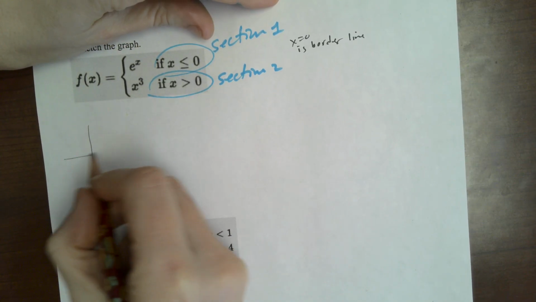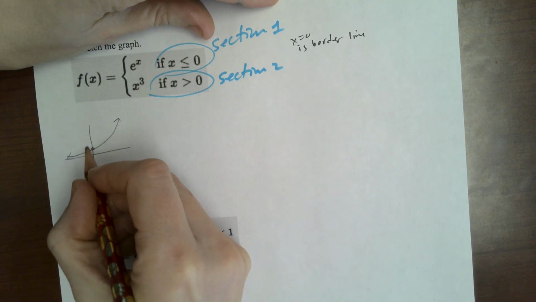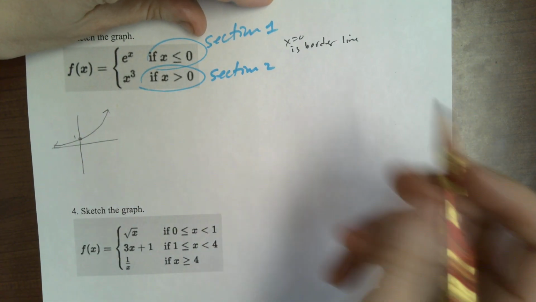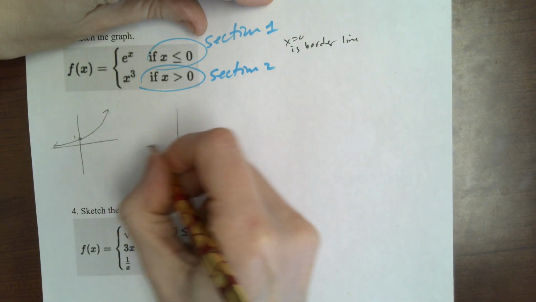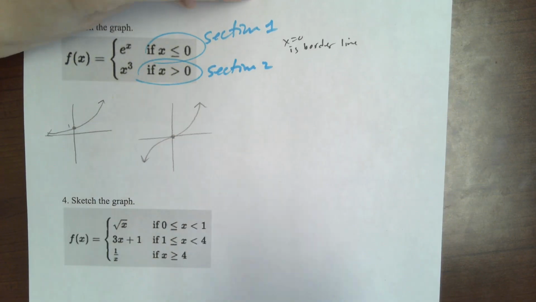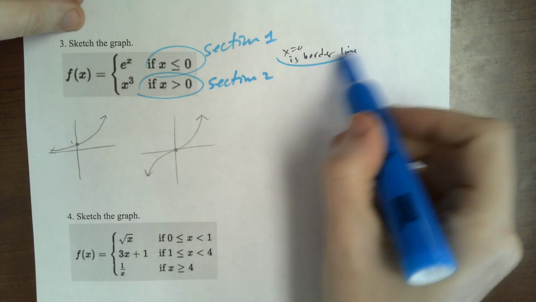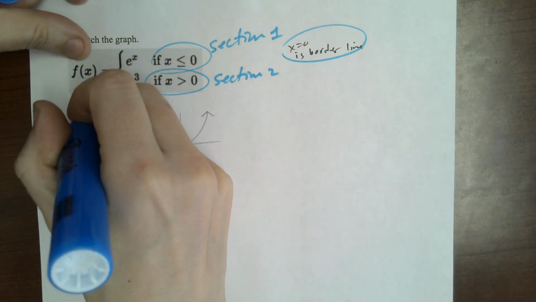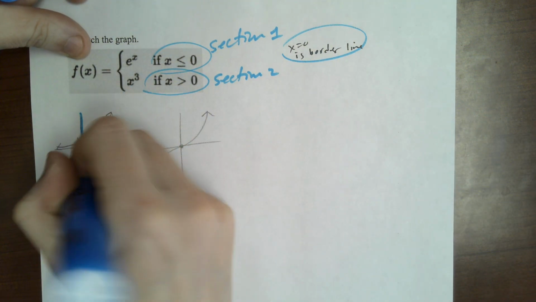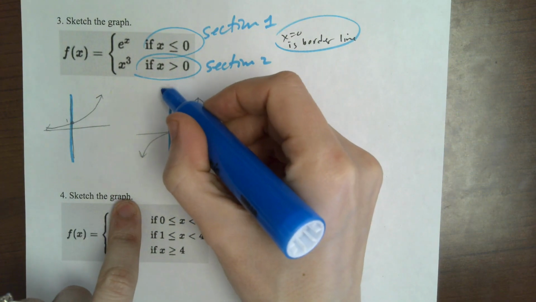So this is what e to the x is looking like, and then this is what x to the 3rd looks like. Now I'm going to put in the borderline, which is x equals 0. Okay, so that's the borderline.